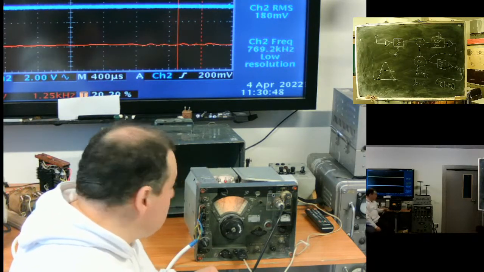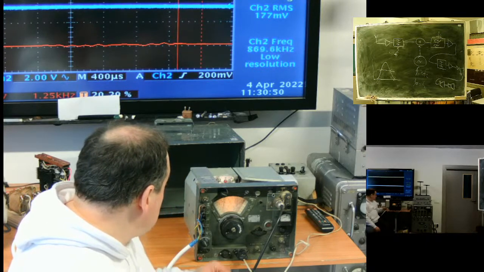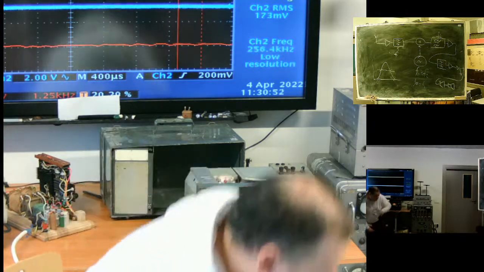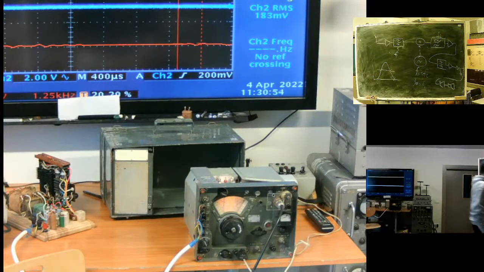Yeah, what I want is a scope of processing and intermediate frequency.